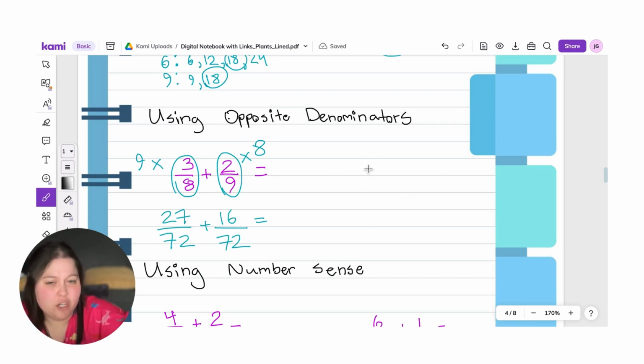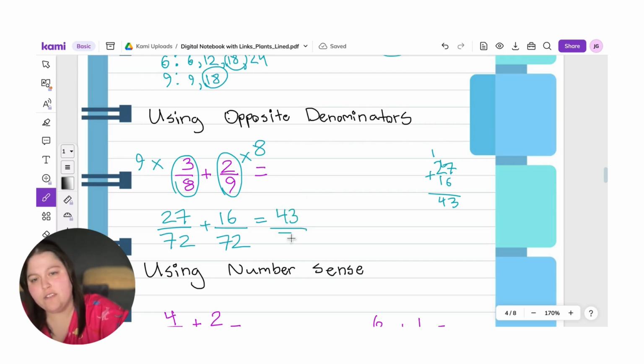If I don't really know the answer to that, I could always do my workings over here. 27 and 16: 6 plus 7 is 13, 2 plus 1 is 3, plus the carried 1 makes 4, so 43 over 72. Then I need to consider whether or not this fraction can be reduced, and it cannot. So my final answer is 43 over 72.